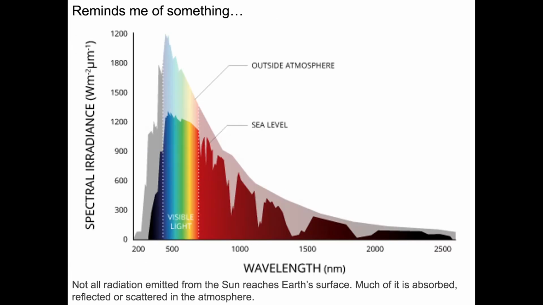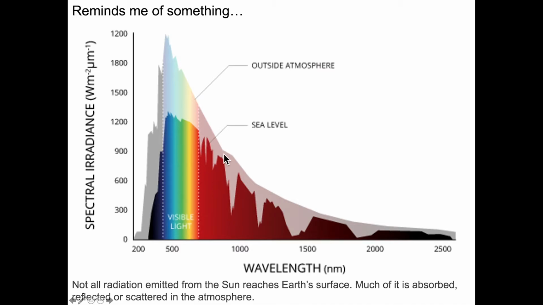This reminds me of something we saw a little bit earlier. This diagram that we talked about earlier, the Wien's displacement law diagram, where we have insolation striking the outer atmosphere here, and we have insolation reaching the Earth's surface here. You notice these dips. We talked about these briefly before.